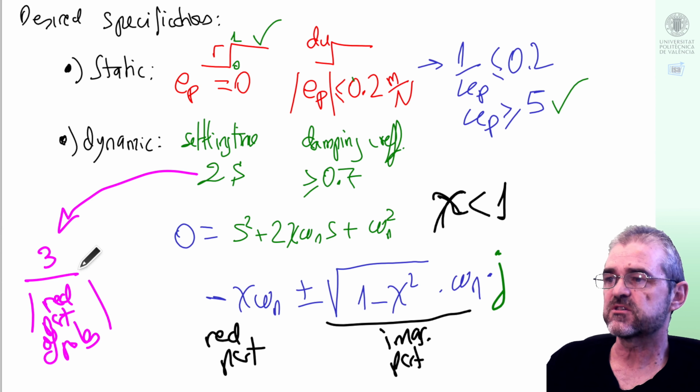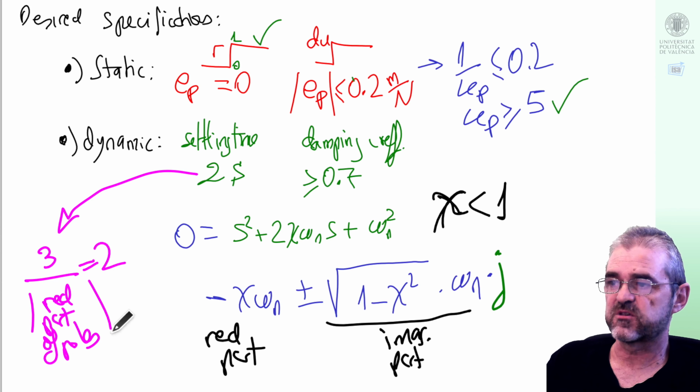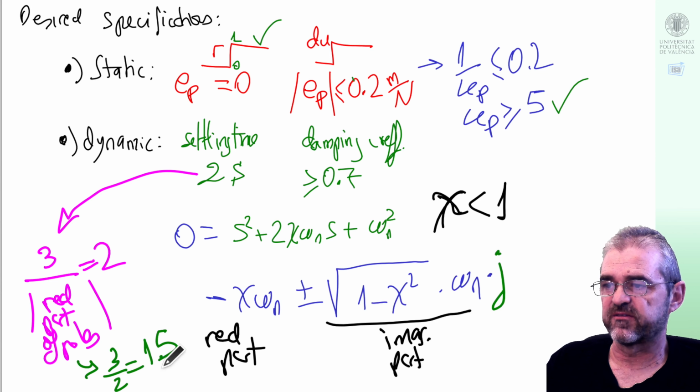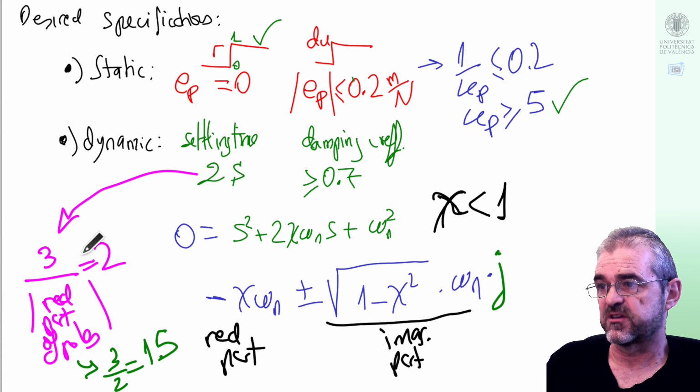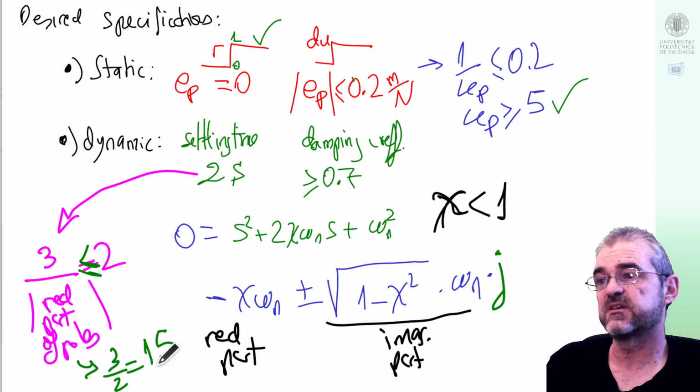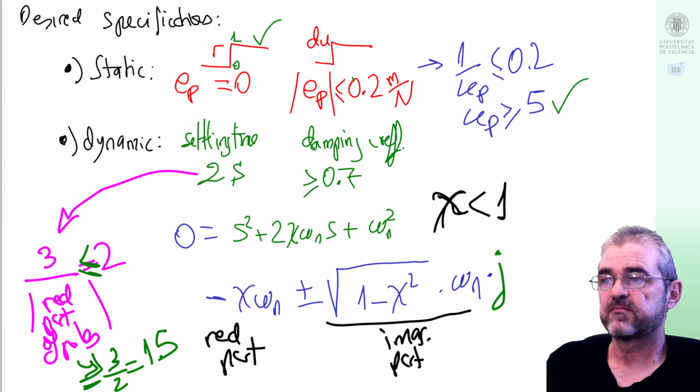So if this must be equal to 2, the real part of the poles must be 3 over 2, 1.5. If settling time must be 2 or faster, the real part of the pole must be at least 1.5.